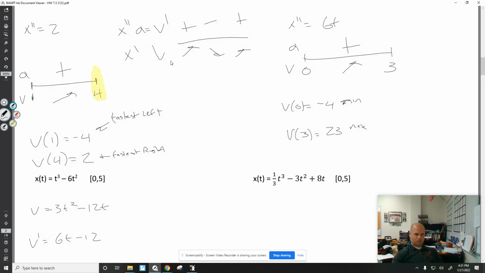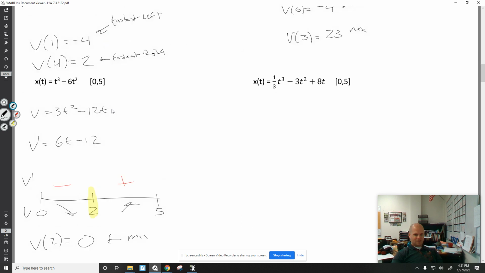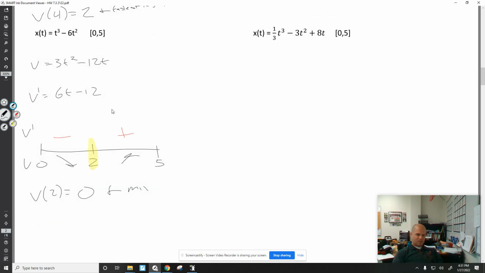What do I do for the position? I'm moving to the left from 0 to 4. That doesn't make sense. Oh, I plugged this into V prime. My bad. Of course.